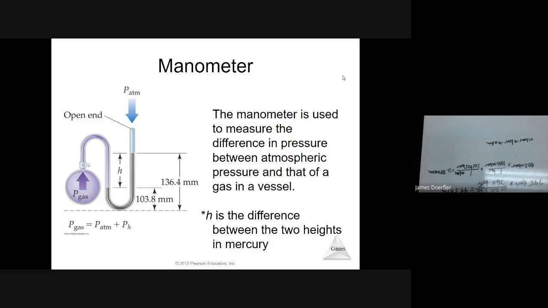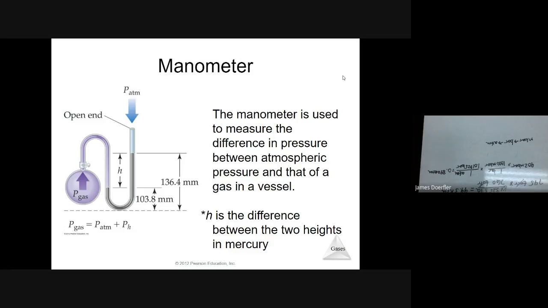Within this tube, we have mercury. This tube right here is open.